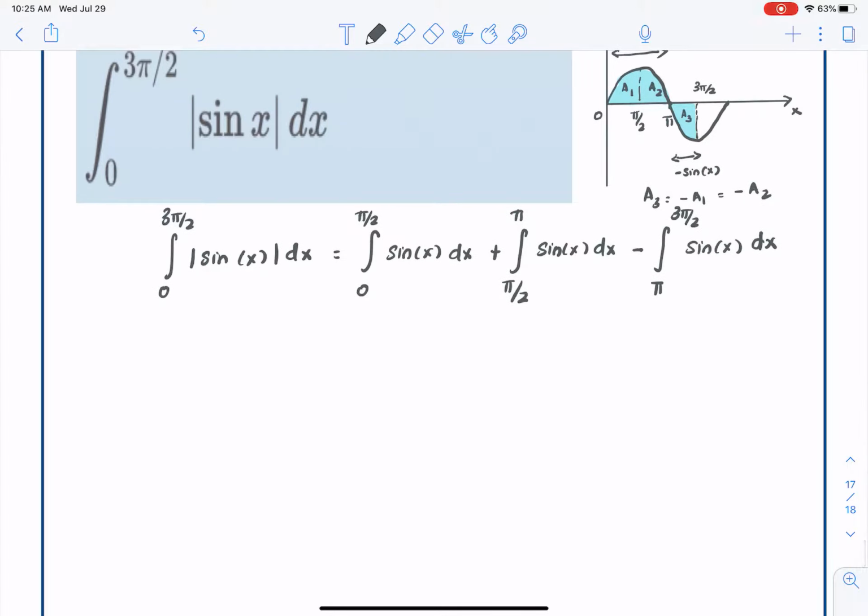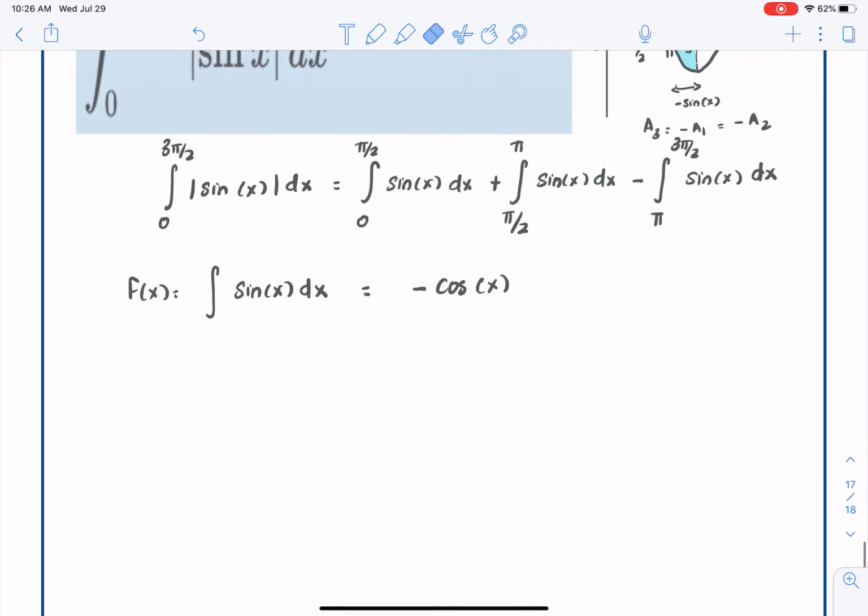So all we have to do is find the antiderivative, f of x, which is the integral of sine x dx, and we plug those values in. We end up getting negative cosine x. Now that is coming directly from the table.